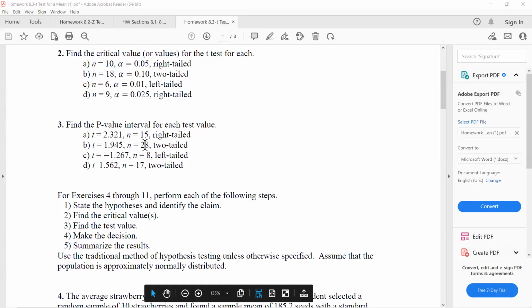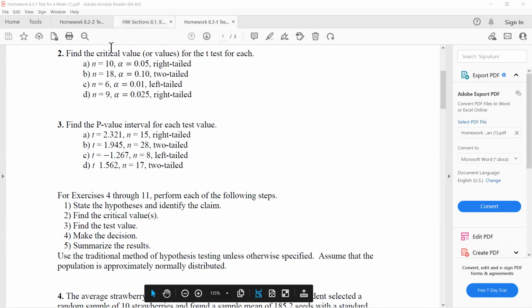Okay, here's my homework, right? So n is 18. What is my DF in this case? 9. No, 9 for A. What is it for B? If n is 18, what is DF? 17. Yeah, 17. And alpha is 0.10, but it's 2 tails.